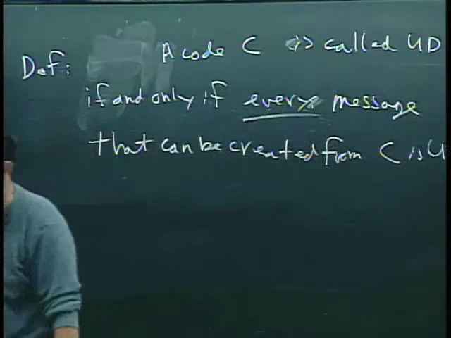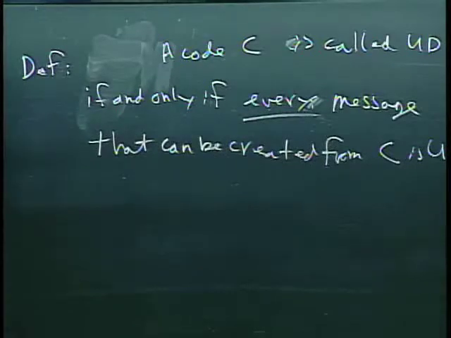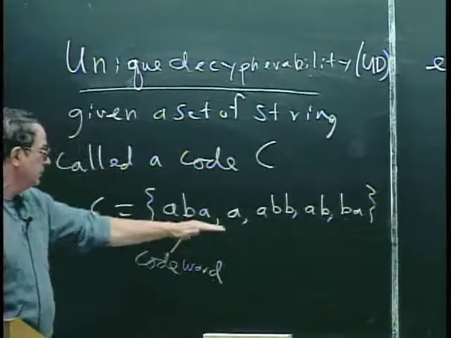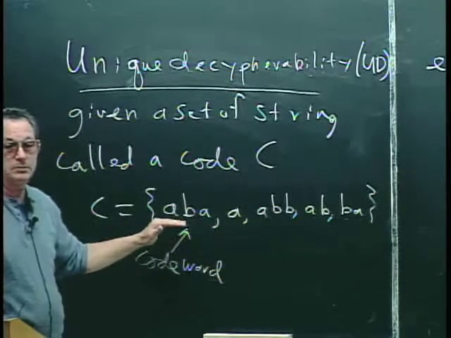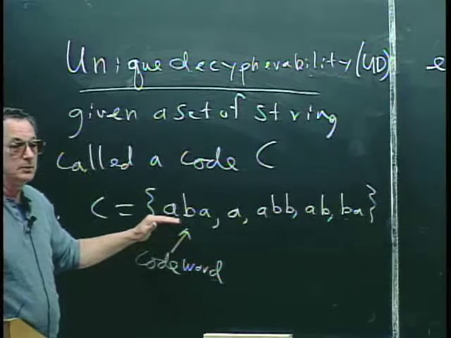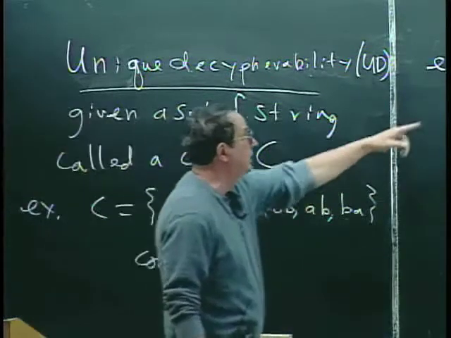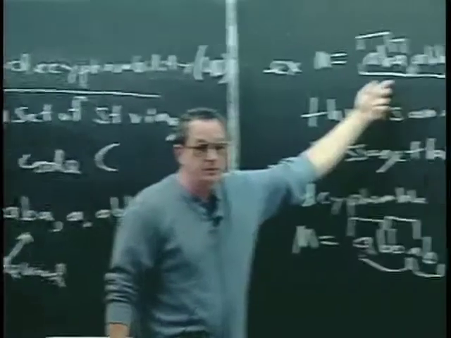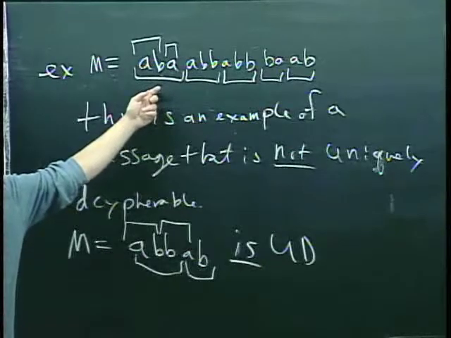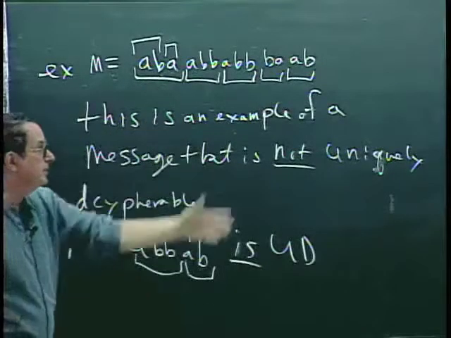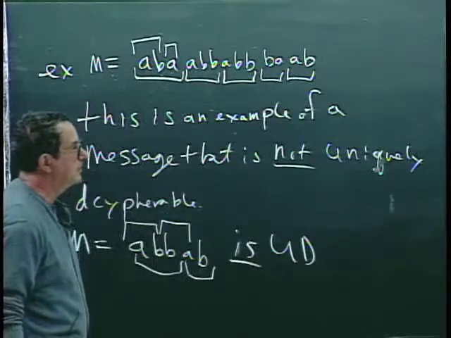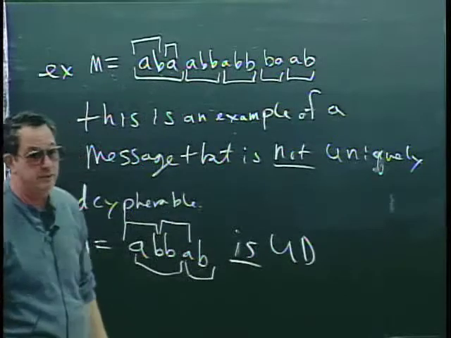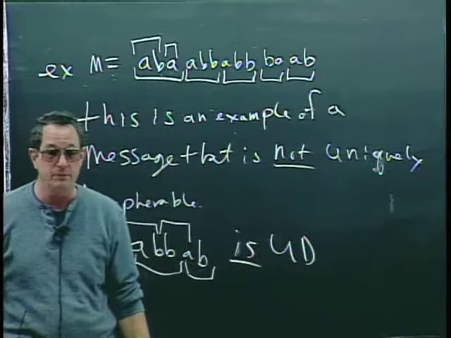That's a perfectly fine definition. I haven't stated a problem yet, although you can imagine what the next problem is. For example, is this code uniquely decipherable? No, it's not, because we've already seen a message that can be made from it that's not uniquely decipherable. The definition says that a code will be called uniquely decipherable if and only if every message that can be created from it is uniquely decipherable.